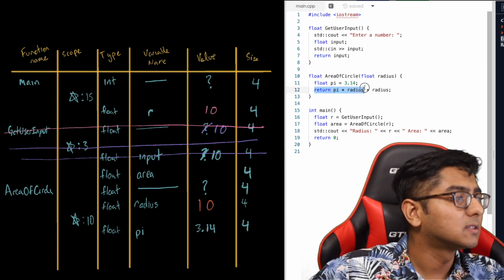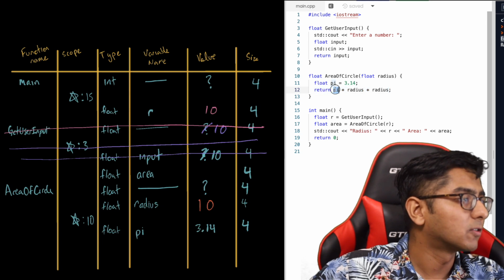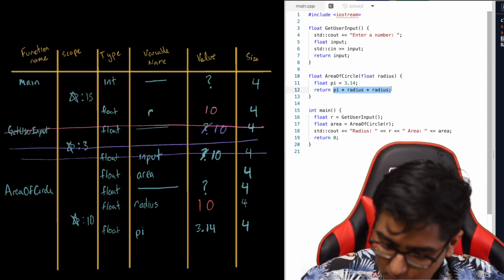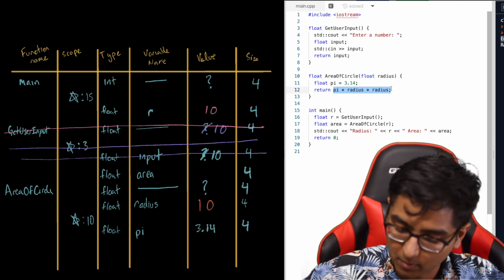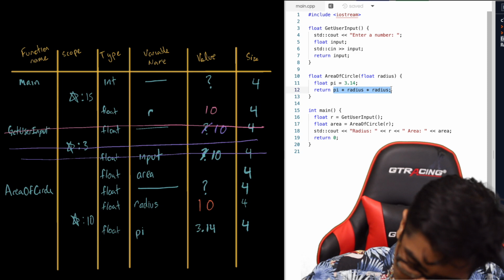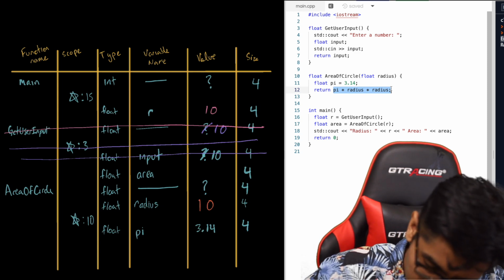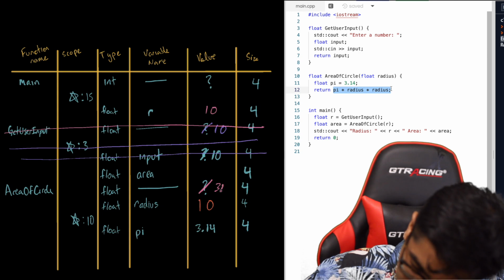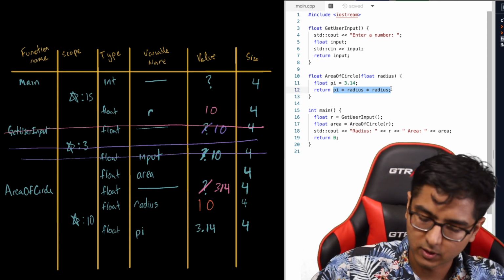And then it asks me to return the value of pi times radius times radius. Now radius times radius will be 100, times pi will be 314. So it's asking me to set the value of 314 as my area of circle function.